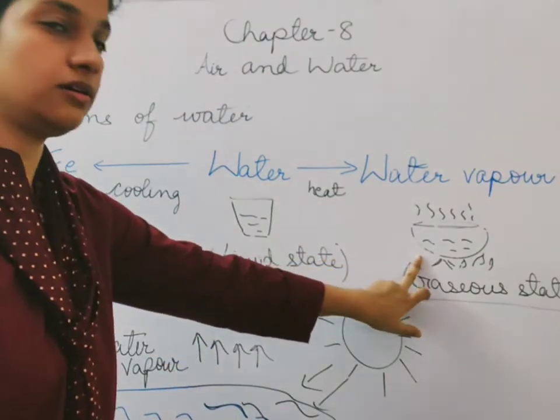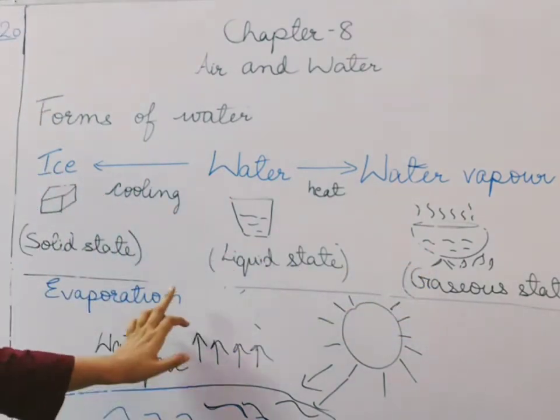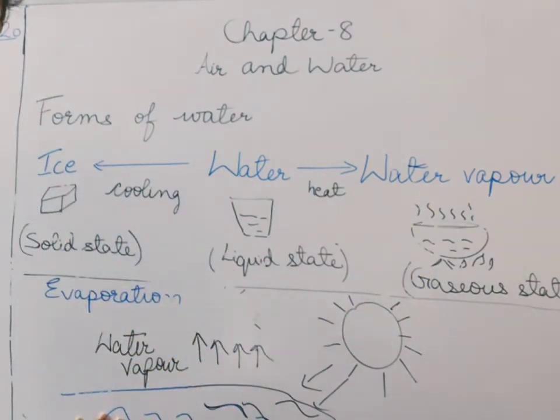Here we are heating the water, and here the sun is heating the water present in river, sea, lake and ocean. So this water rises up in the form of water vapor and it is known as evaporation. E-V-A-P-O-R-A-T-I-O-N.